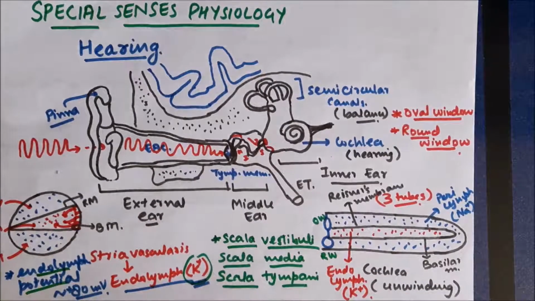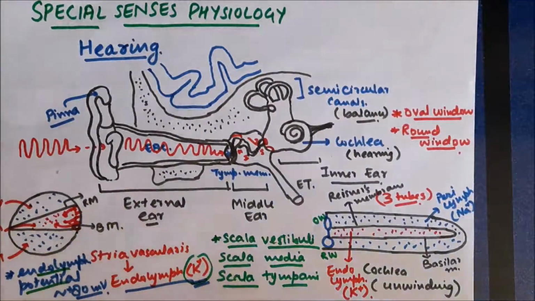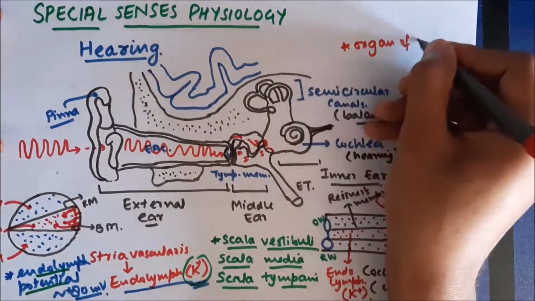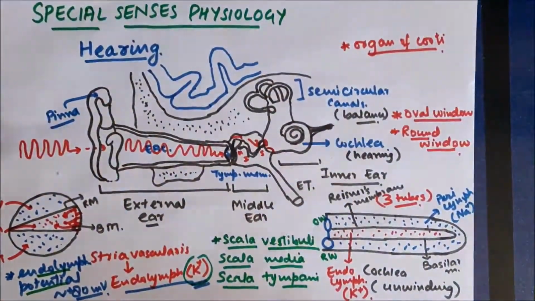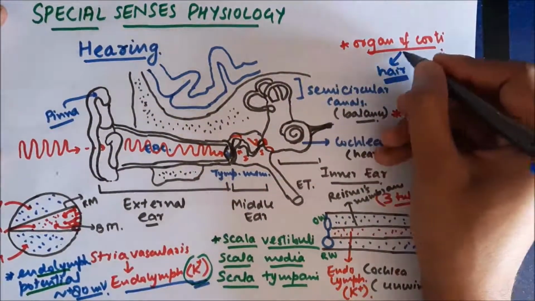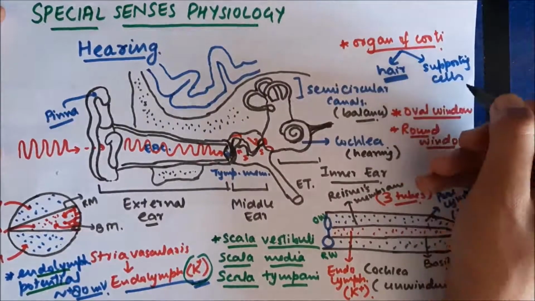Now, on the basilar membrane, the main sensory part associated with hearing is present, called the organ of Corti. It contains special sensory cells known as hair cells, and other than hair cells, it also contains supporting cells. The supporting cells are present between hair cells.